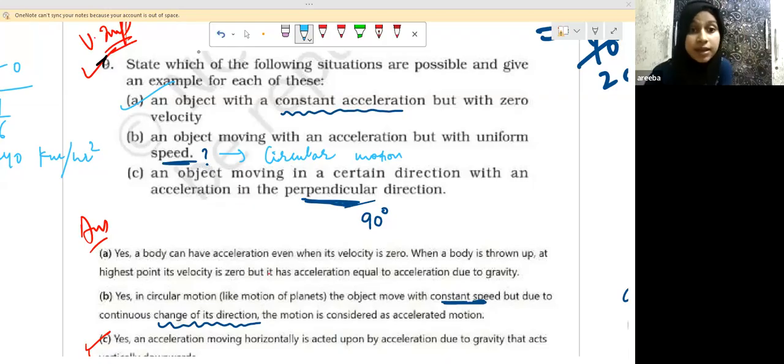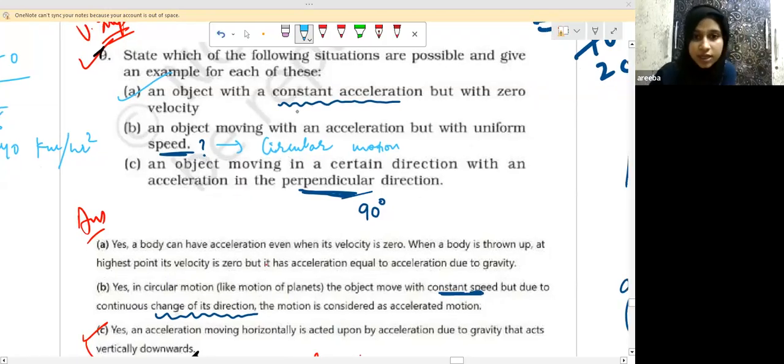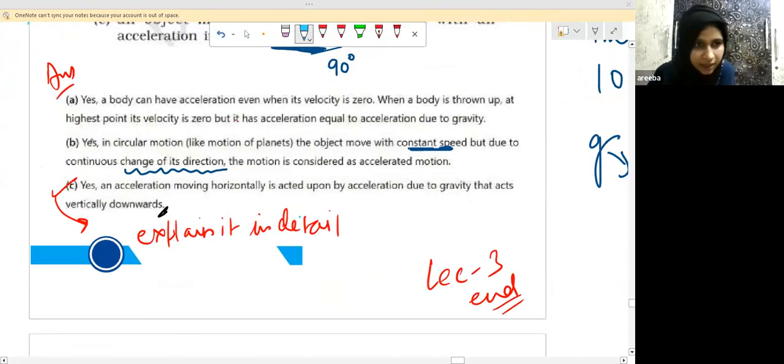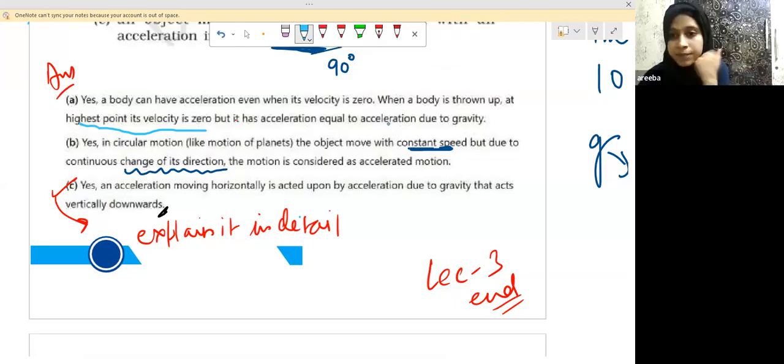So yes, it is possible. An object with a constant acceleration but with zero velocity. When a body is thrown up at its highest point, its velocity is 0, and its acceleration is equal to acceleration due to gravity. Is this point clear?